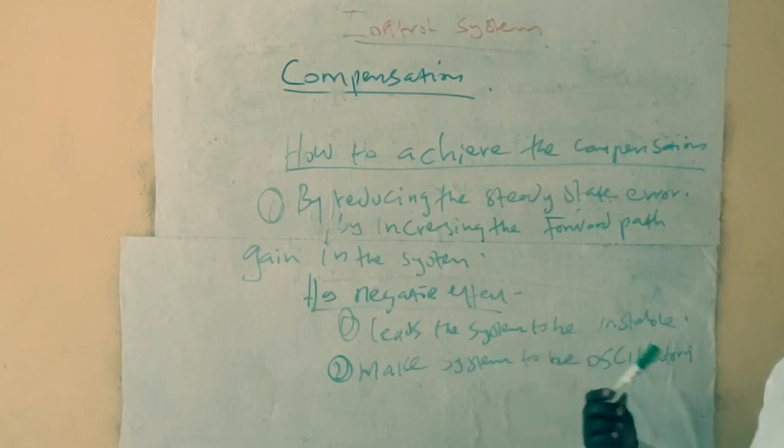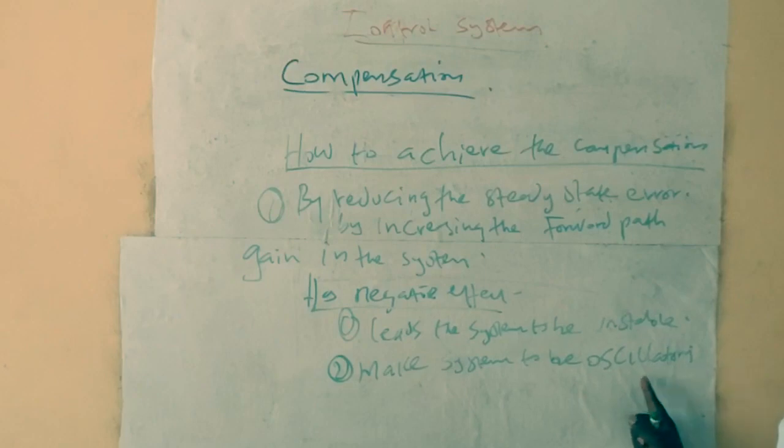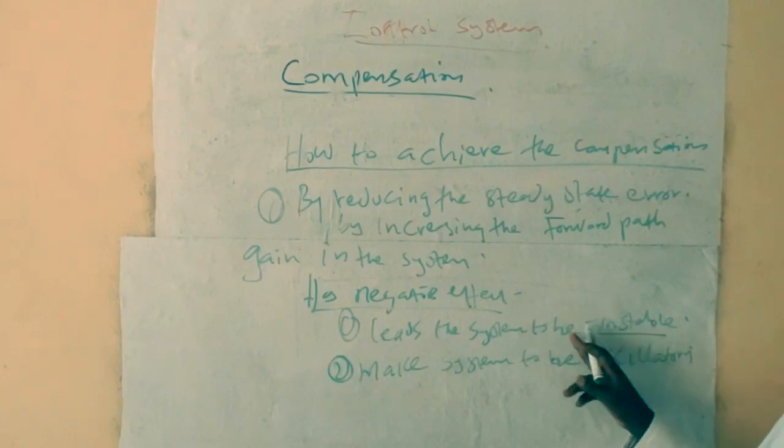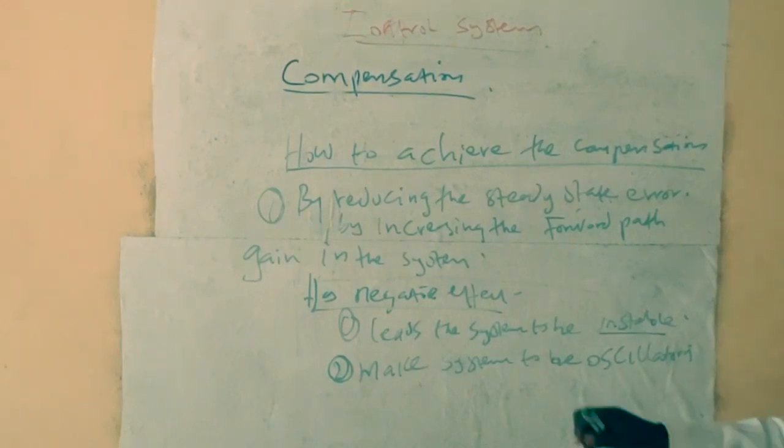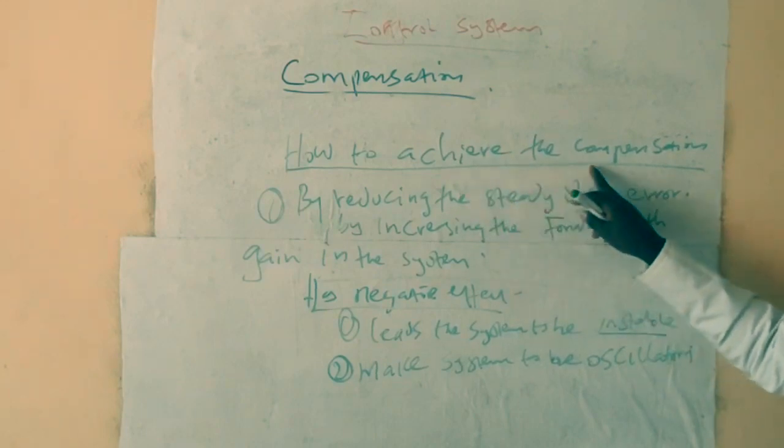It will lead the system to be unstable. It will make the system oscillatory, and this oscillation is brought in because the system itself is not stable. So that is one method of doing the compensations.